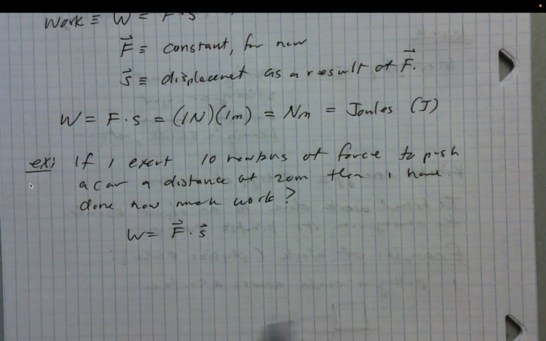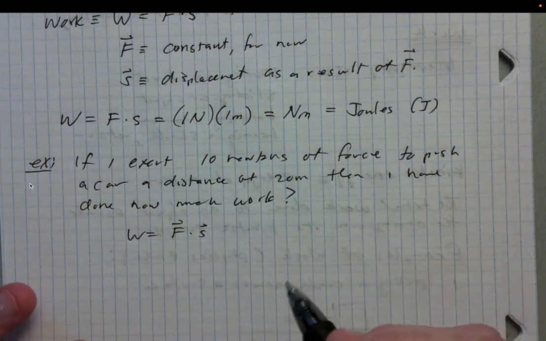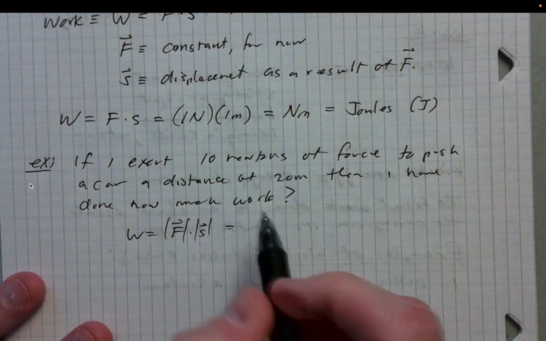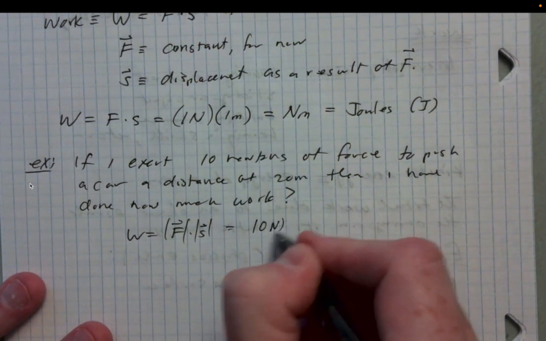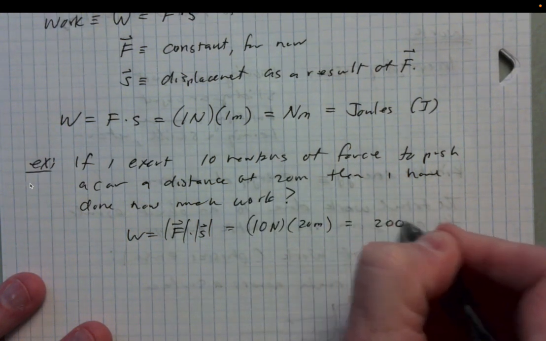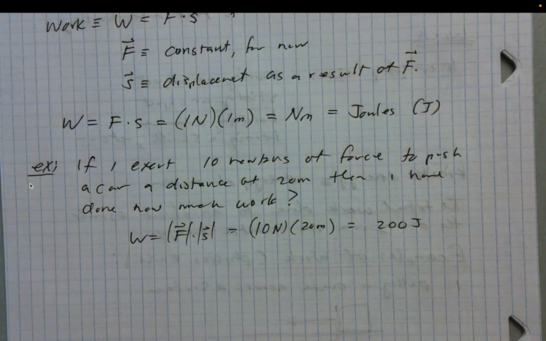In this case, everything's aligned. We'll get into how this can become weird in the next example, but basically you want to think of this as just the magnitudes multiplied together. All right, so 10 newtons times the distance of 20 meters. So I've done 200 Newton meters, or 200 joules of work. Okay. Right, so that's the idea. If you've got the force exerted over a certain distance, then the work is a simple product.